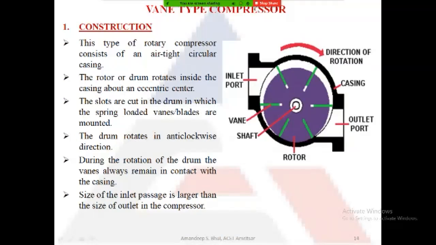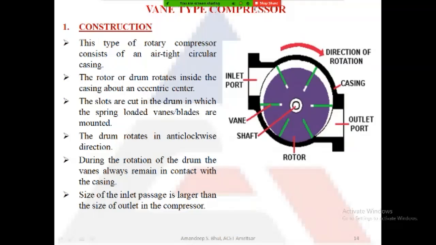This high pressure air moves backwards, or backflow of air takes place, and further compression of air takes place because of the backflow of the high pressure air on the delivery side.